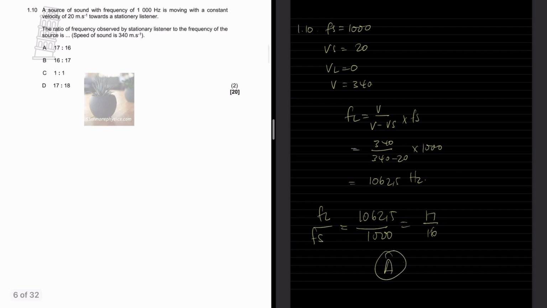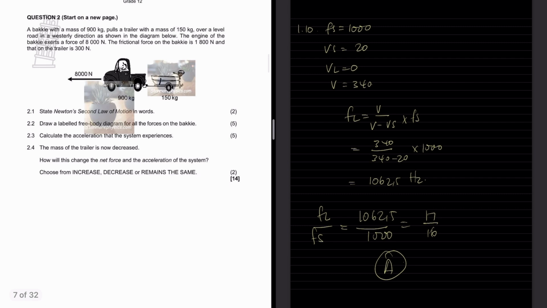Let's take a look at question number 2. A bucky with a mass of 900 kilograms pulls a trailer with a mass of 150 kilograms over a level road in a westerly direction as shown. The engine of the bucky exerts a force of 8,000 newtons. The frictional force on the bucky is 1,800 and on the trailer is 300 newtons.